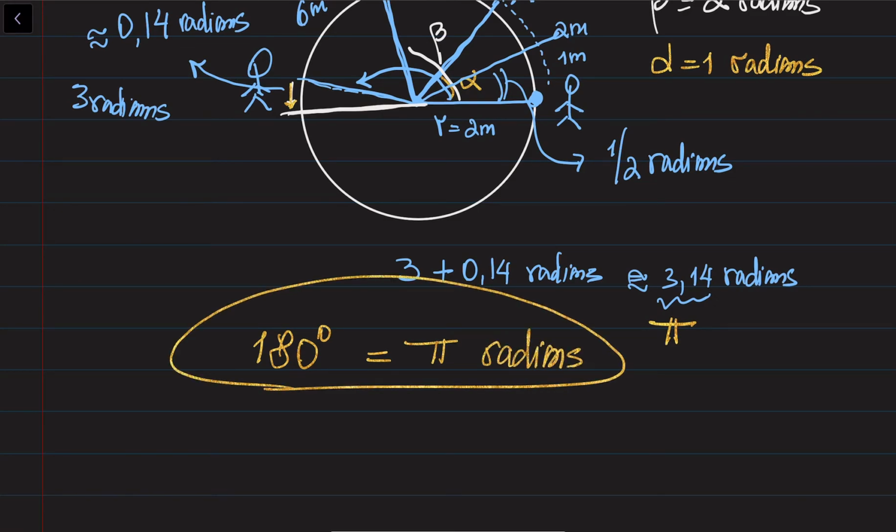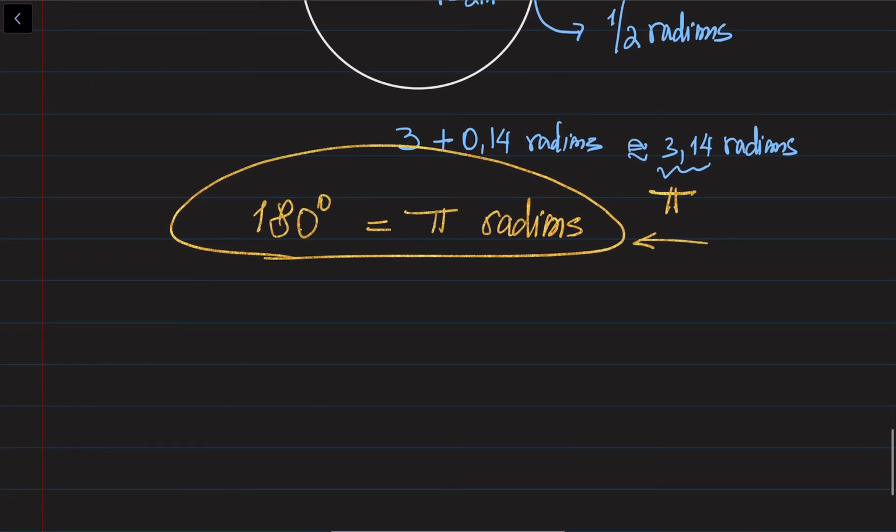Again, we're measuring the same angles, and we can change the representation of the angles from degrees to radians using this equation. For example, if you're given an angle of 90 degrees and would like to know its radian representation, you need to do proportions.